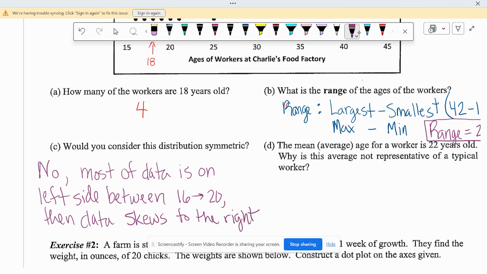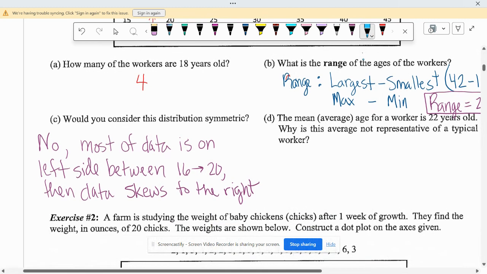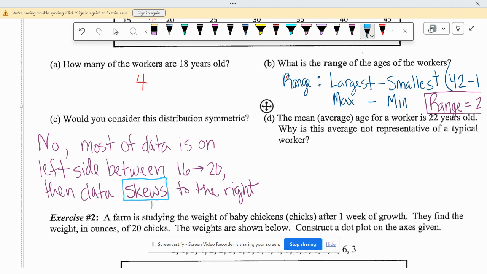So that word skews, that just means that it stretches. It stretches to the right. Think about taking a piece of gum or a piece of taffy and you just stretch it. So it skews to the right. That just means that we stretch it. So there's not a whole lot of points on the right-hand side, okay?